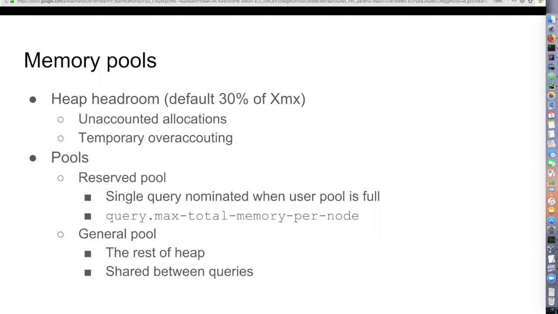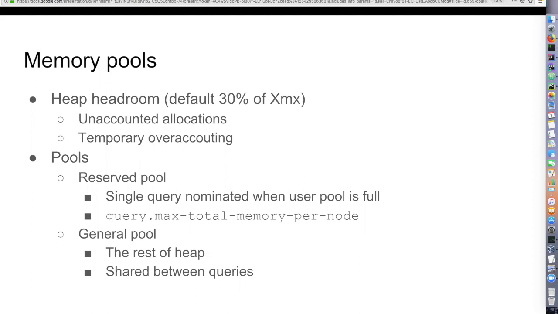So in Presto, for a lot of the allocations for the queries, the memory is accounted for so that the system can keep track of the memory usage per query and per node and can react accordingly. But not every allocation is accounted, so that's why there is this heap headroom region.